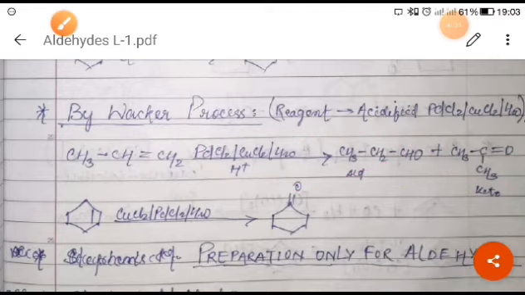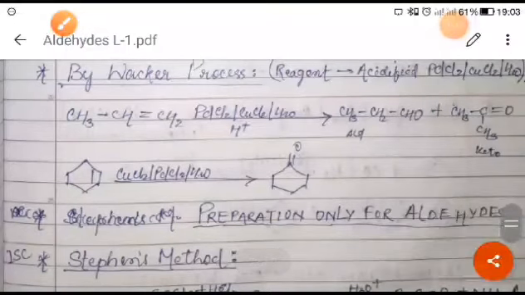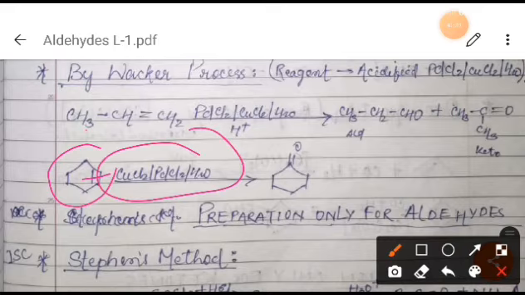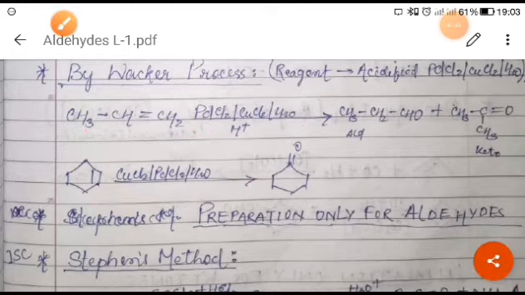Now, one more example is there, as you can see. If you take this example, in place of this double bond, in the presence of PdCl2, CuCl2 and H2O, it will give this. One more example I will give you.